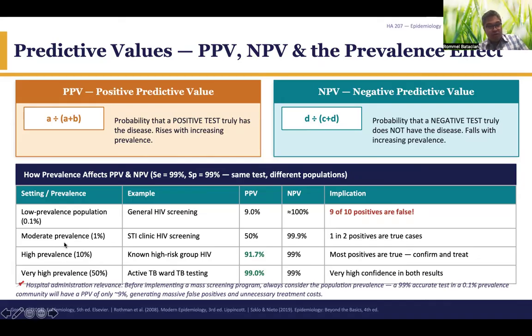Now, what if the setting is of moderate prevalence, 1%? For example, a sexually transmitted infection clinic. The positive predictive value is 50%, and again, a good negative predictive value.